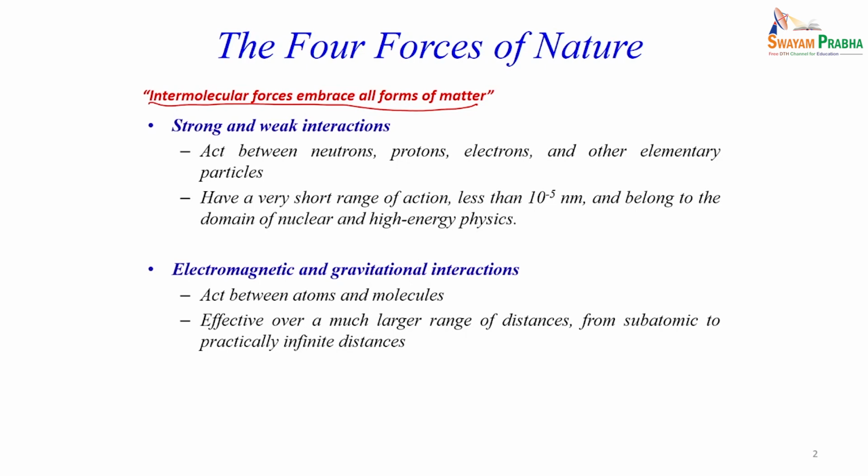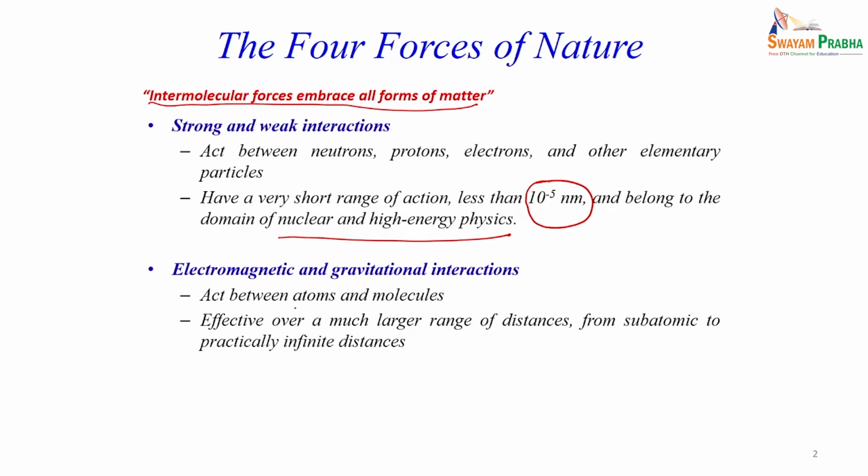These act between the neutron, proton, electron and other elementary particles, and these interactions have a very short range of action, less than 10 to the power minus 5 nanometer, and belong to the domain of nuclear and high energy physics. The other two forces are electromagnetic and gravitational interactions.